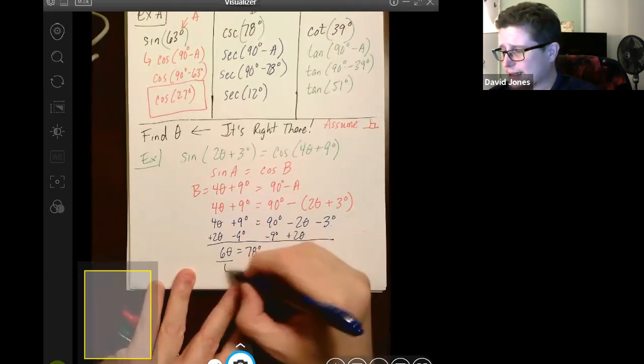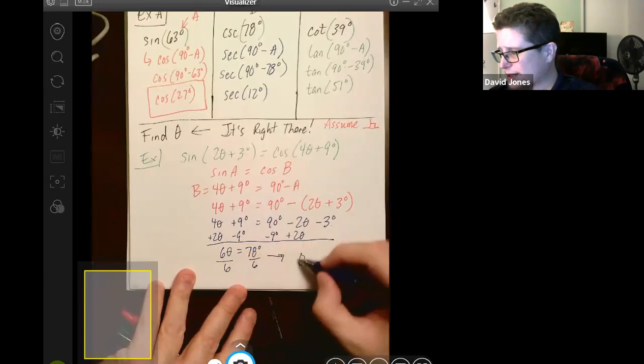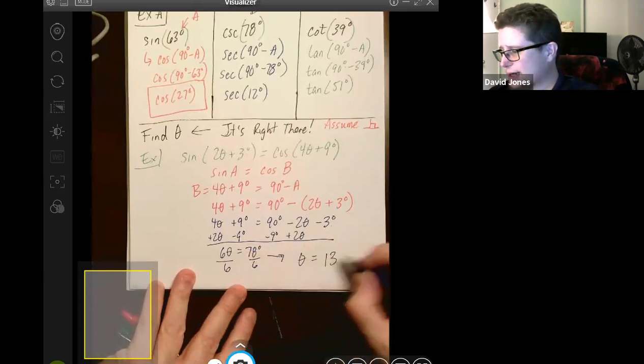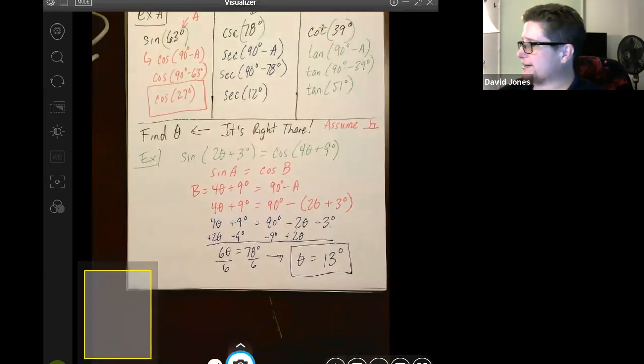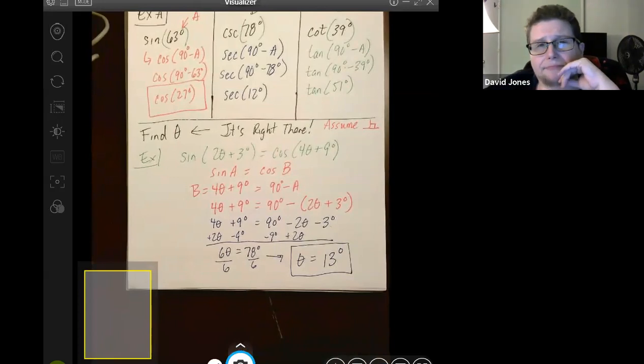Divide by 6. Our algebra does not go away. 78 divided by 6 is 13. Theta equals 13 degrees. Not bad, not too hard. Algebra. It's all algebra. Recognizing what you need to do, though, can be tricky.